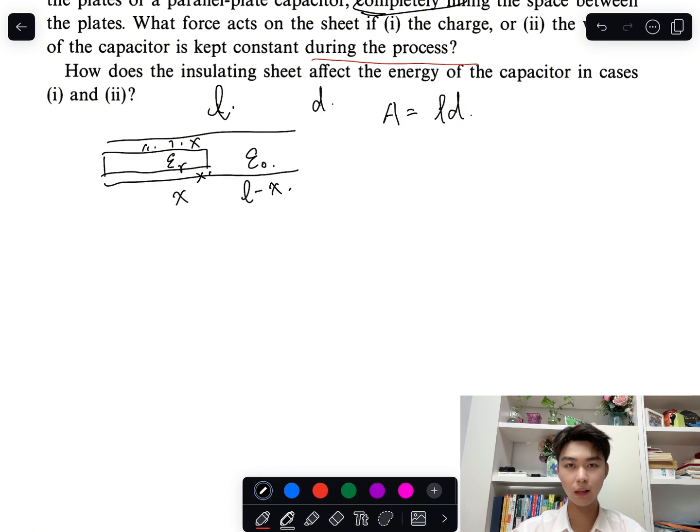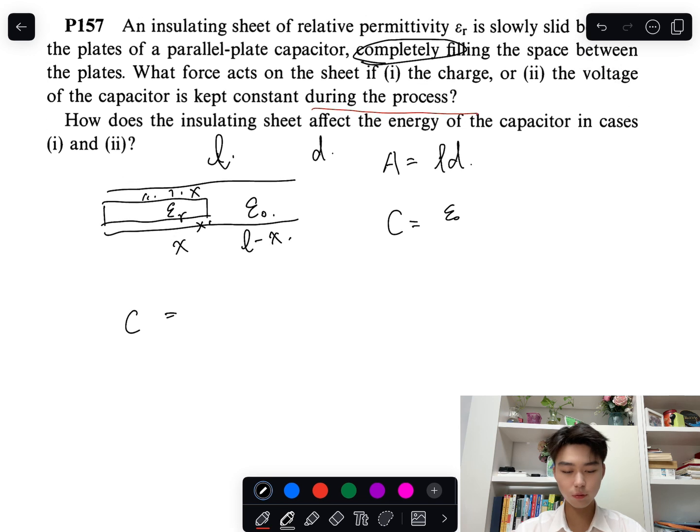So now we calculate the ultimate capacity. C equals, actually it's the sum of these two components, because they are connected in series, right? So remember the formula of the basic capacitor.